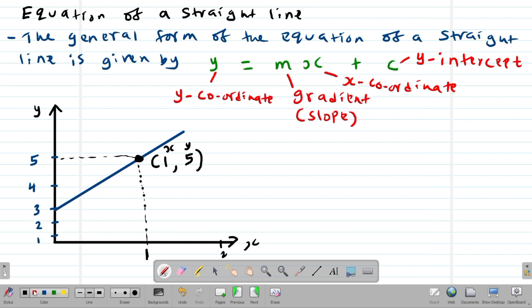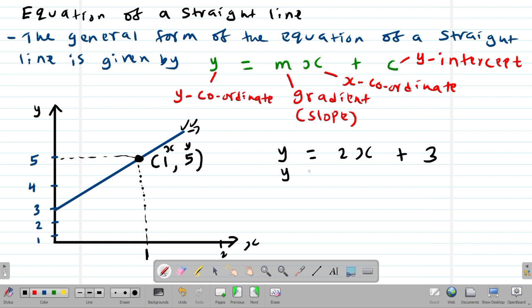Such a point could be represented by the equation of the line. Suppose this line is represented by the equation y = 2x + 3.